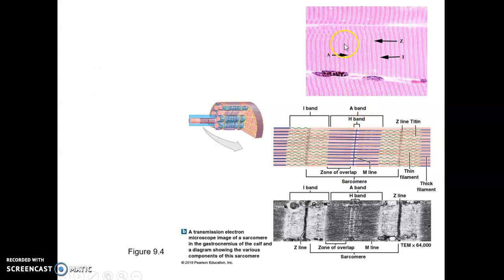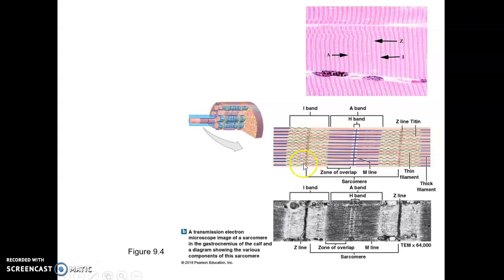So if we look at a slide here, those are the nuclei, so that's one muscle fiber, that's going to be another one. This is this banding we see, the striations we see, and you see an overall dark band, that's the A band, and then you see an overall lighter band, that's the I band. Now, if you look closely in the middle of the I band, there's a little dark thin line, that's the Z line.